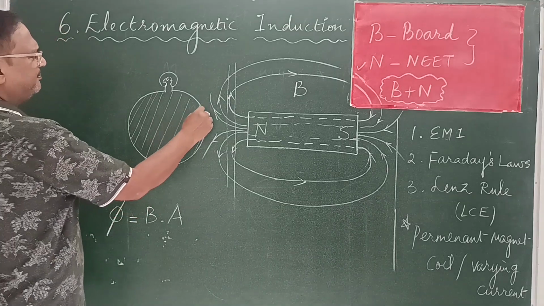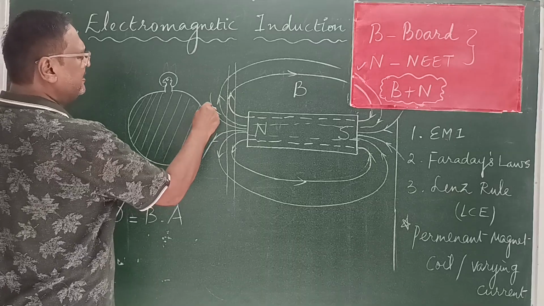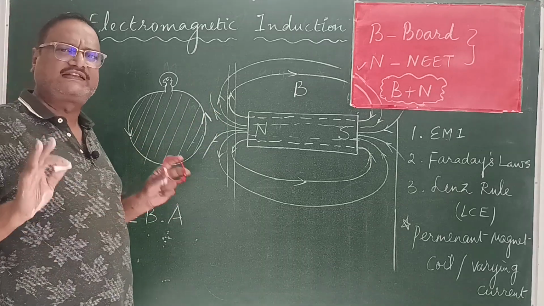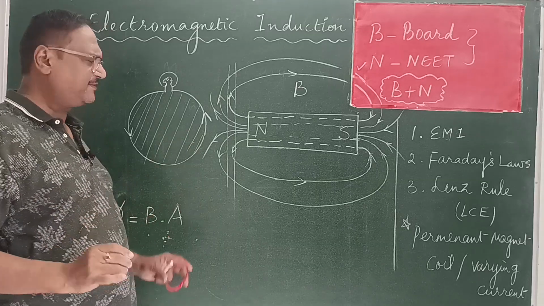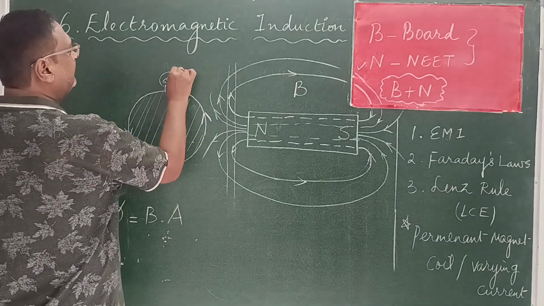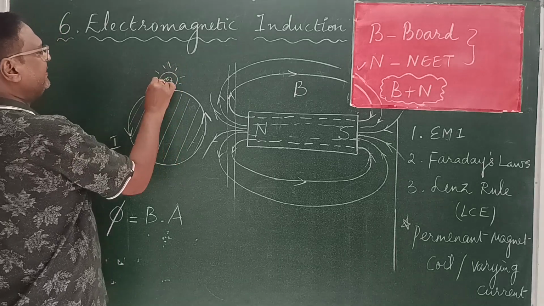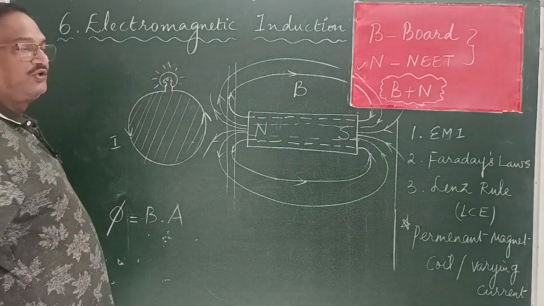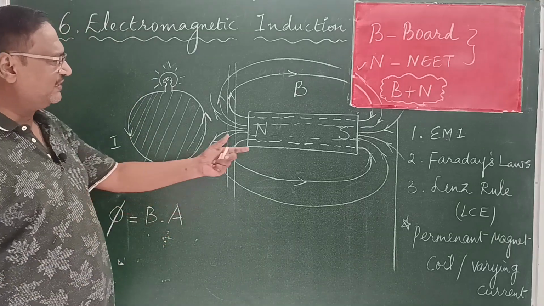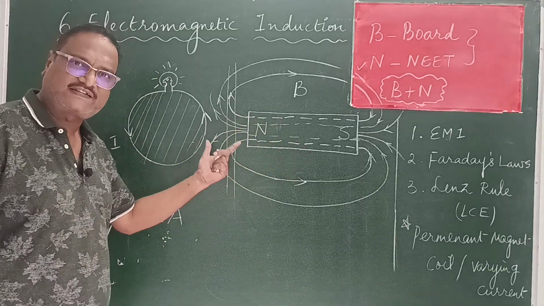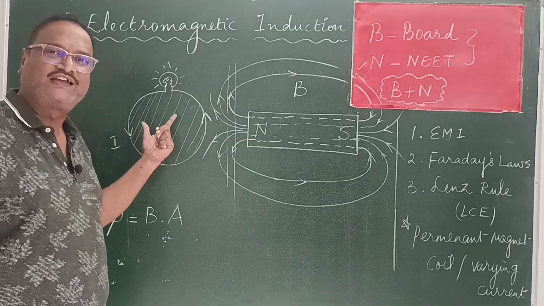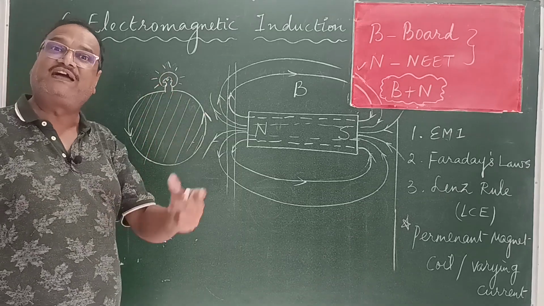So, the current will be induced. I am drawing the direction of the current just like that, not specifically. When the current flows through that, you will find that the bulb or the LED will glow. What we understand from that is the change in the magnetic flux is inducing an EMF.